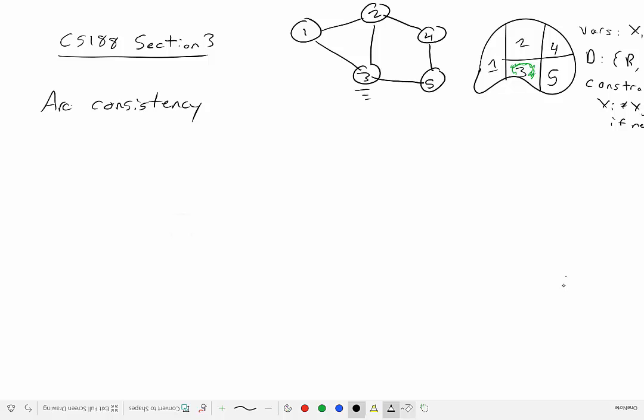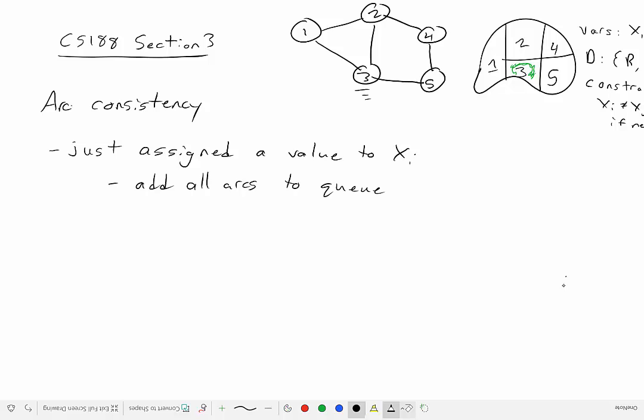Okay, so we'll assume we just assigned a value to xi. So just like before in forward checking, we add all arcs to the queue that point to xi.